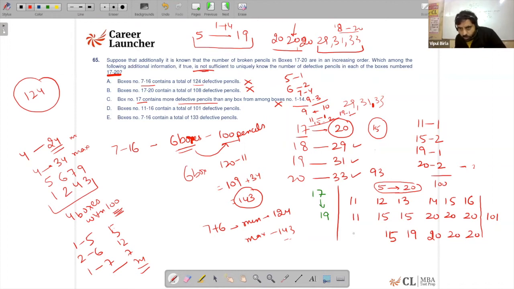To make 101, I can take 7. I know the minimum is going to be 5, and 7 is more than that. So this way, if I take this value, the value given is going to be 15. So that is also a possibility, right? Because I know for boxes 7 to 16 we have to give pencils.